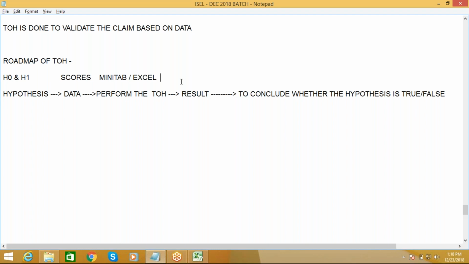And then we interpreted the result based on the p-value. Finally, we concluded that the alternate was true in this case.